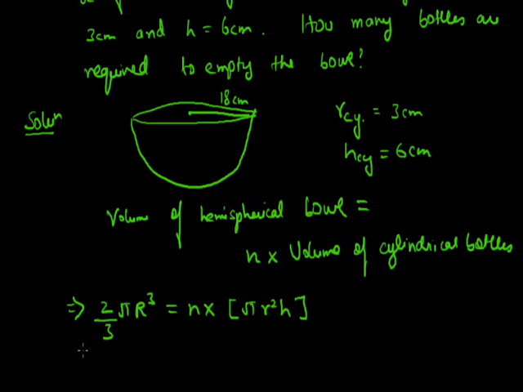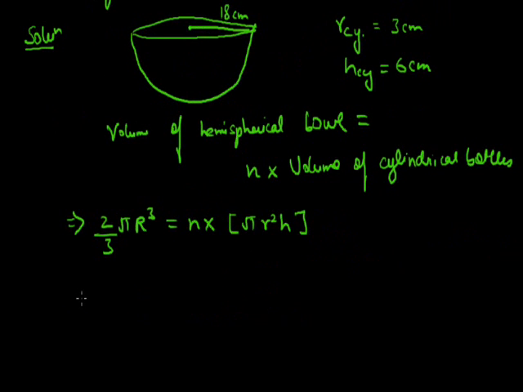Now we put in the values of capital R, small r and h, and find the value of n. First 2 by 3 into pi into R cube, where capital R is the radius of the hemisphere, which is 18.